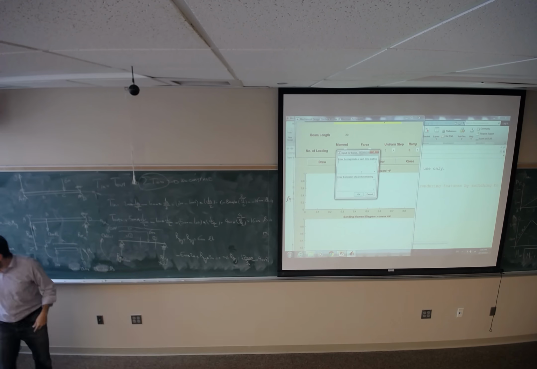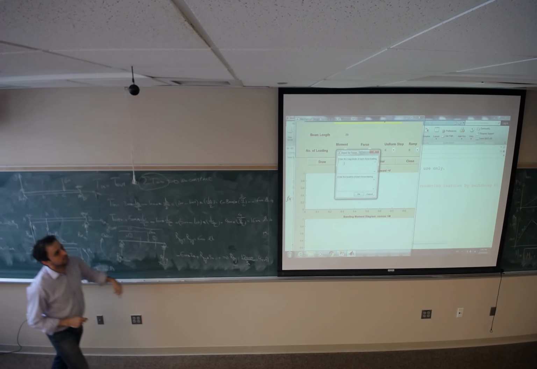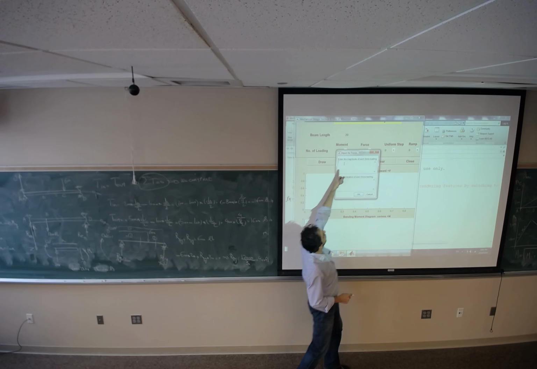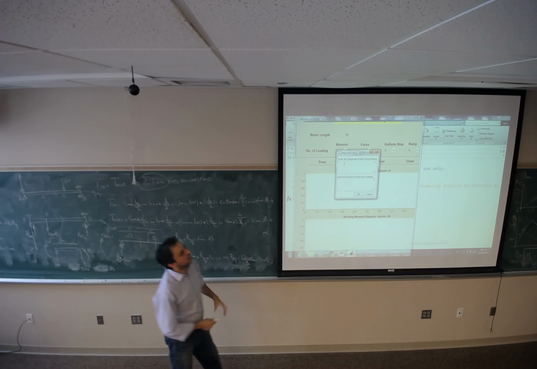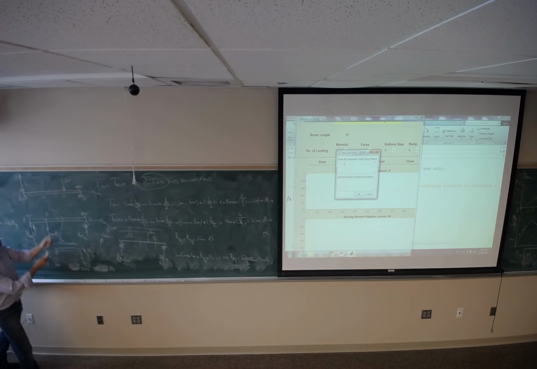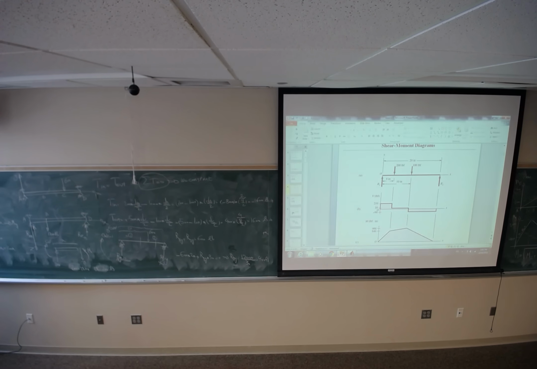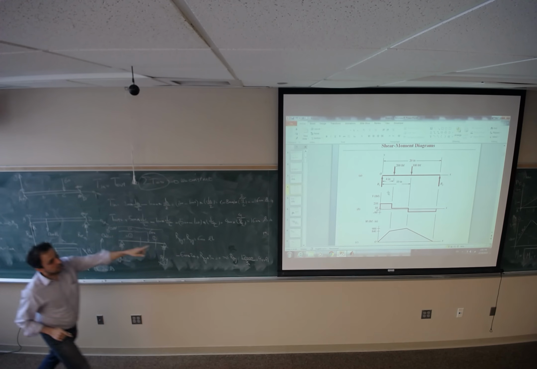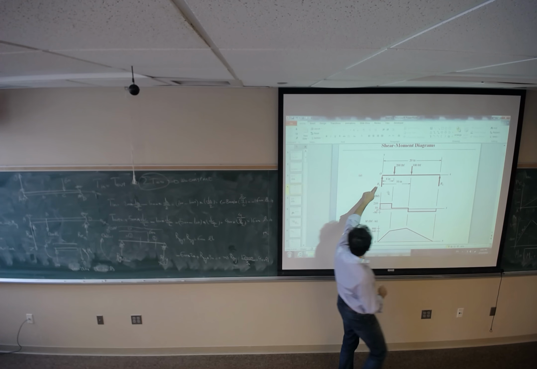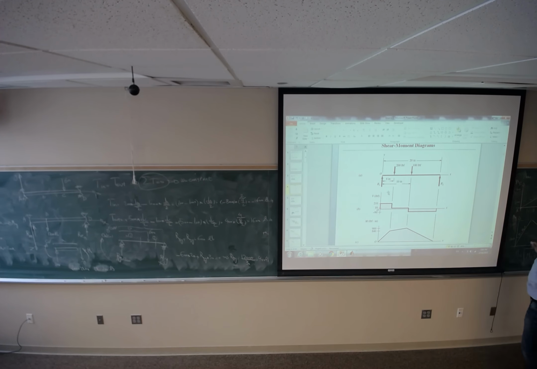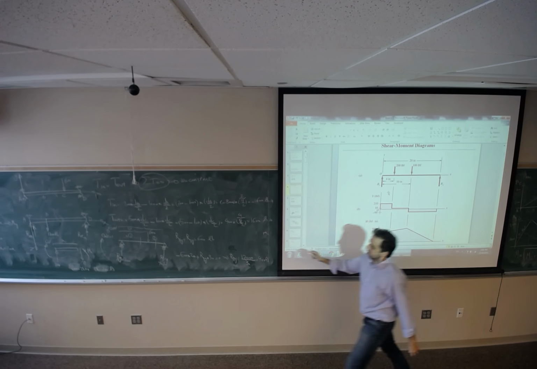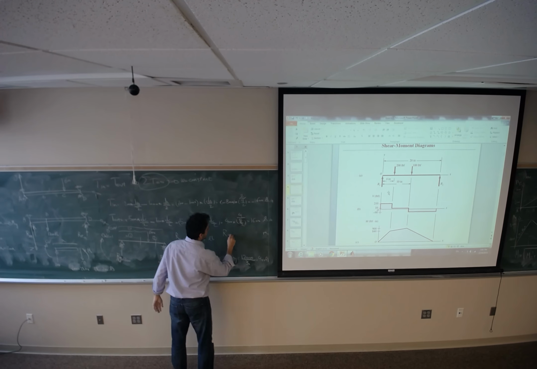On the first window, you just enter the magnitude. If it goes up, put positive. If it goes down, put negative. R1, I guess it was 210. R1 is positive 210.